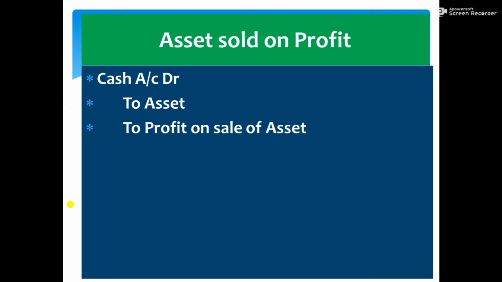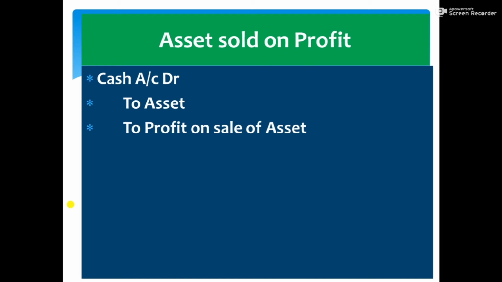The difference, if it is positive, that is the profit, credited to profit on sale of asset, or you can credit P&L, and later the profit on sale of asset will be transferred to profit and loss account. So therefore the journal entry is cash account debit, to asset, to profit on sale of asset or P&L.